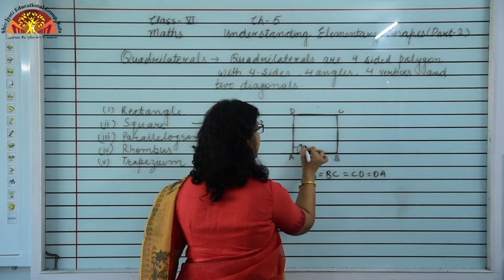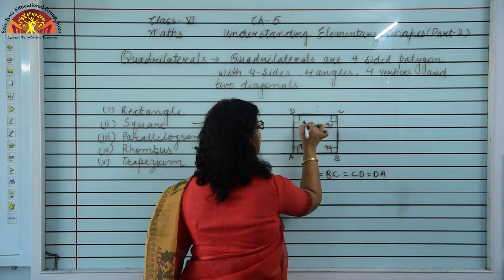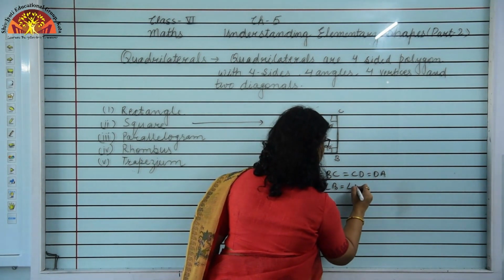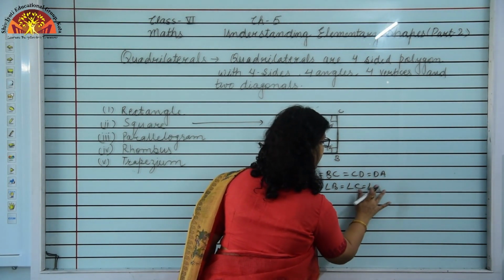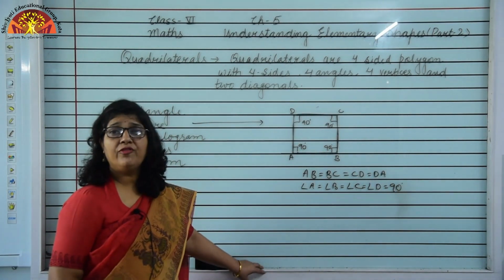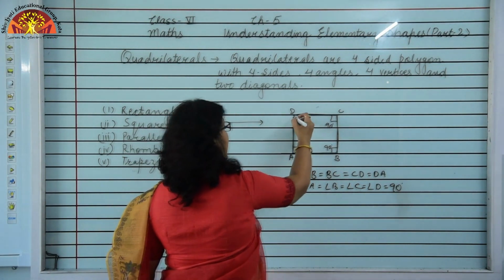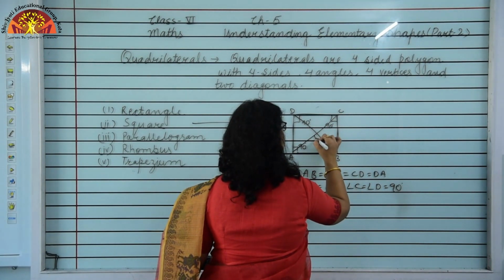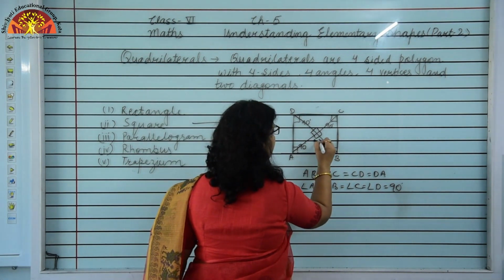This is 90 degrees, 90 degrees, this is 90 degrees and this is also 90 degrees. So all angles are equal in a square, and the measurement of all angles is 90 degrees. Understood? Now students, diagonals bisect each other at 90 degrees. The angle that will be formed here will be 90 degrees.